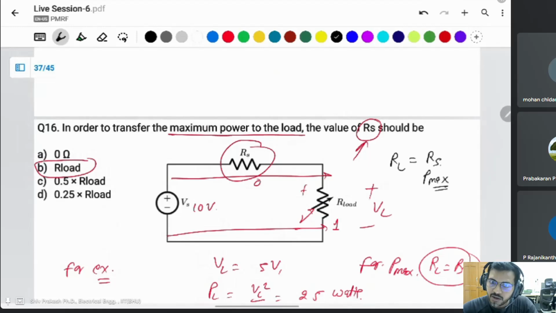But if the load is constant and the source resistance is variable, then take it as minimum as possible. If 0, then it's fine. You take the maximum power from them. If there is some resistance, then there are some losses. If this is variable, then simply take 0 if it is possible. If it is not possible, then take as minimum as possible. Then 0 ohm is the correct answer here.